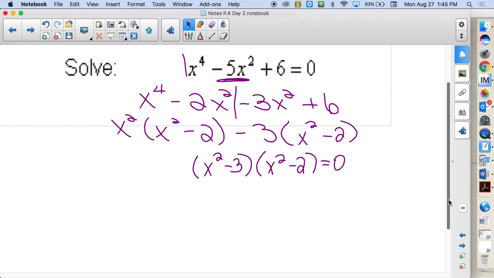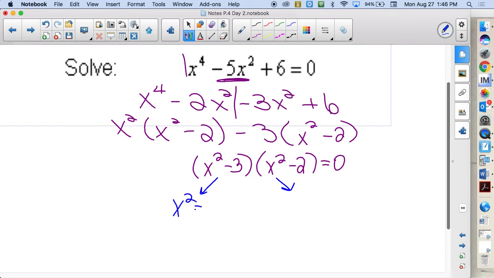So now it's factored. What do you do to solve? Chelsea? Set each of them equal to 0. Yeah, set each of them equal to 0, which really means x squared is equal to 3, x squared is equal to positive 2. And then just like we did with the other one, if you have an x squared, to get rid of the squared part, take the square root of both sides.